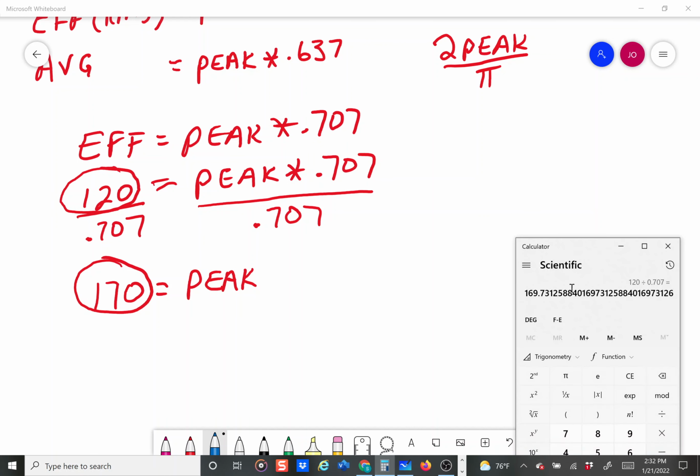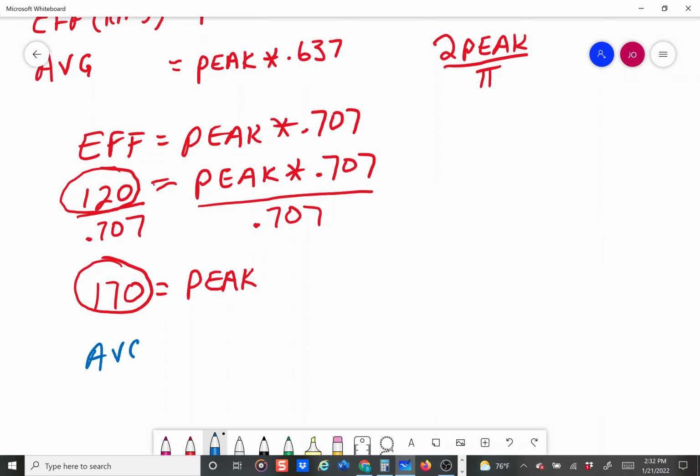So now that I've got that peak value of 169.73, I'm going to take my average equals 2 times peak divided by pi.